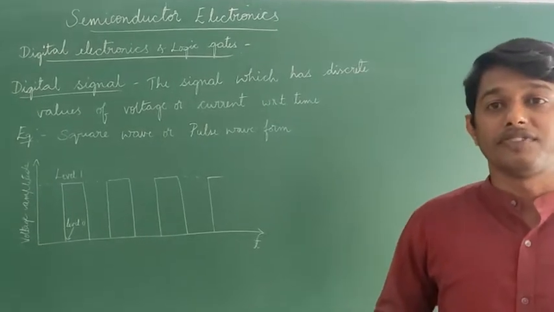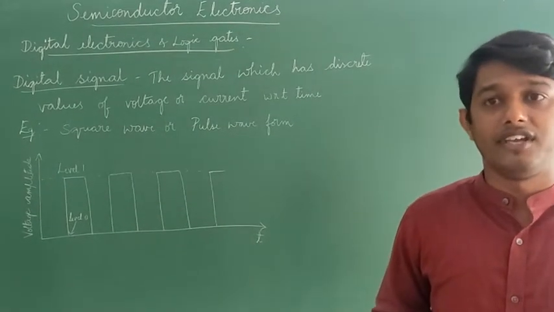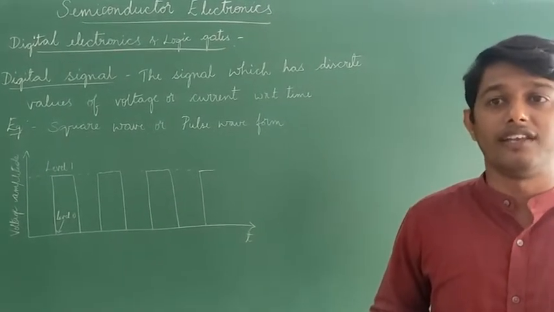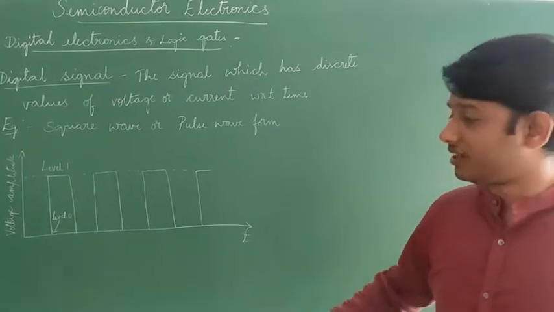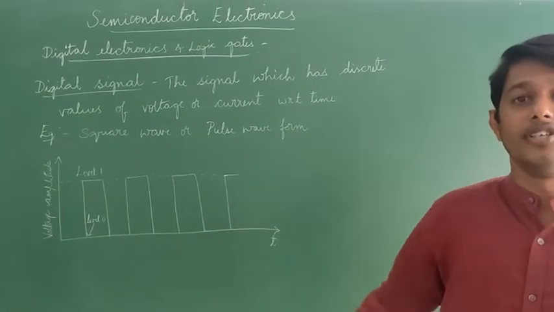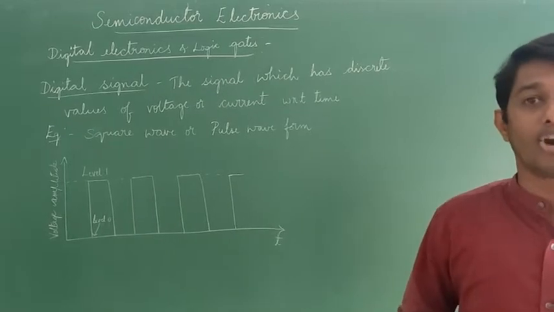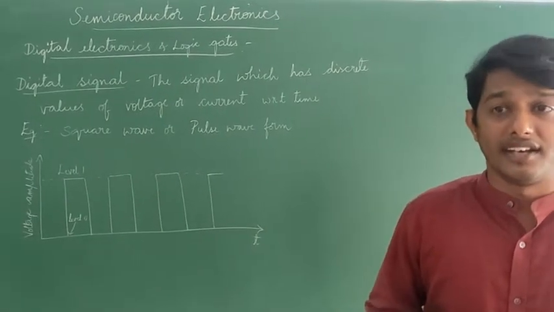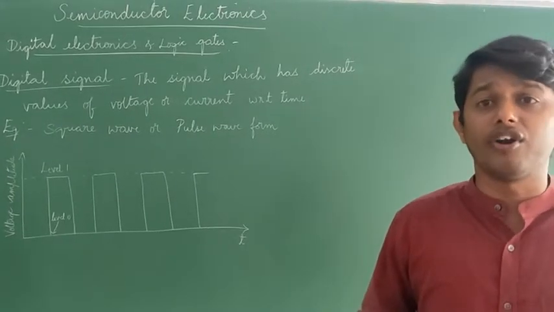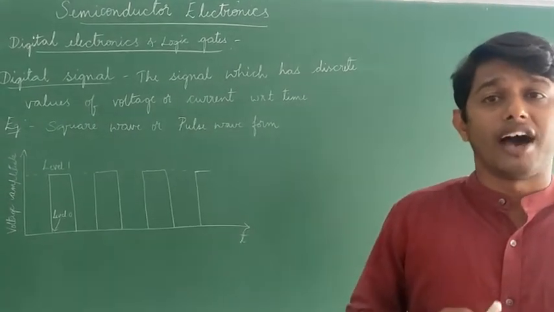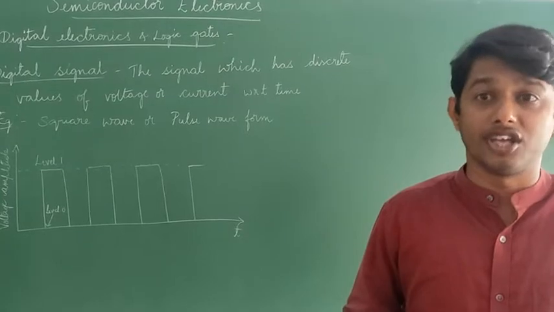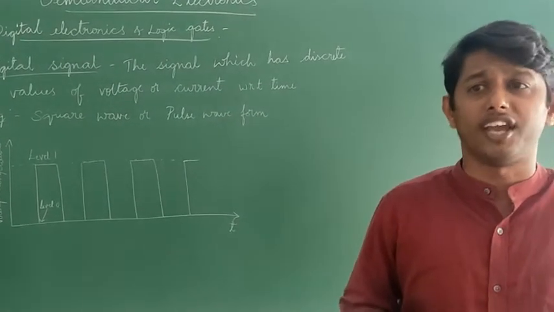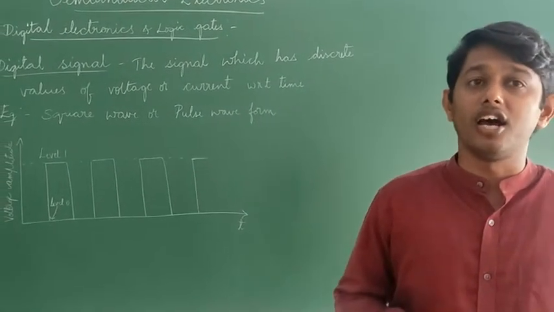So in digital electronics we use only two levels of voltage as shown in this figure. Such signals are called digital signals. In digital circuits only two values represented by 0 or 1 of the input and output voltages are permitted.